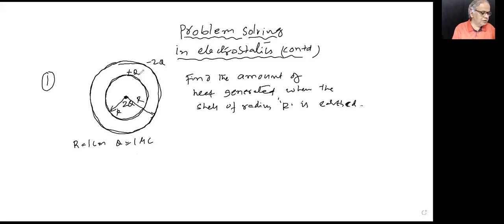Hello? Yes. So what is the main idea to start with? Energy conservation, right? The bigger idea to start with is energy conservation.